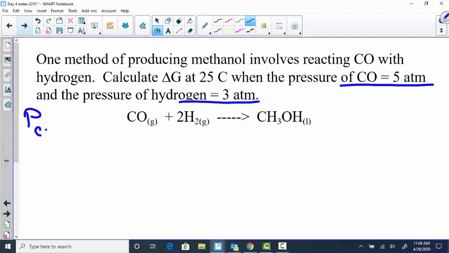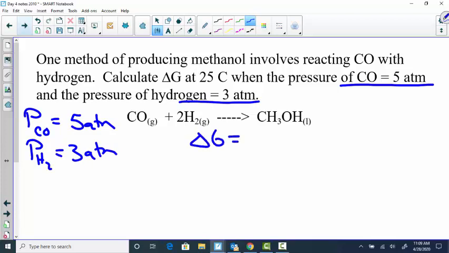So the pressure of carbon monoxide is 5 atm, and the pressure of hydrogen is at 3 atm. So what we want to do is use our equation delta G equals delta G 0 plus RT natural log Q. So there's a few things that we're going to have to calculate.